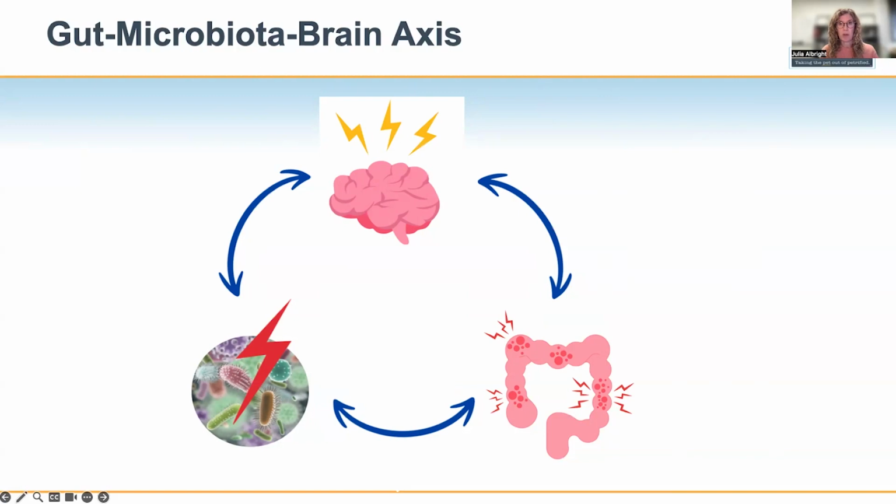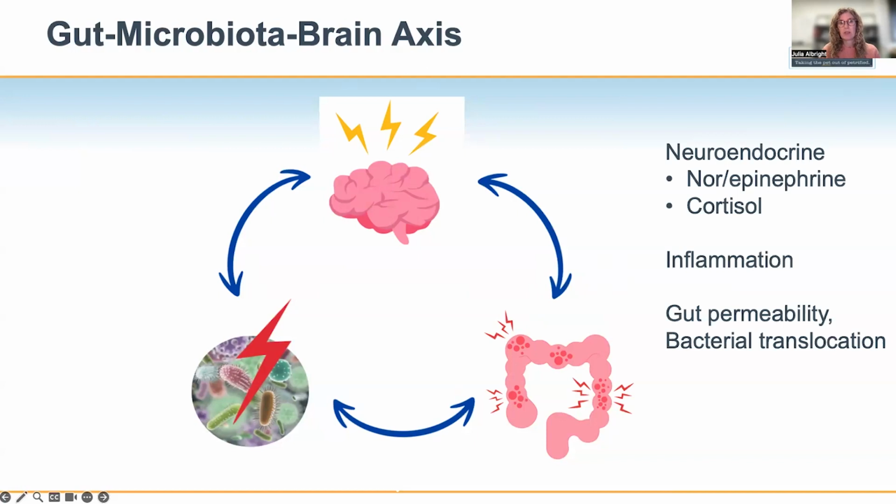So when the body perceives that there's a stressor in the environment, danger, psychological stressors, there are several things that happen. So we get release of the catecholamines like norepinephrine and epinephrine, as well as the glucocorticoids that we just discussed. And these can do things like create inflammation and that leaky gut.